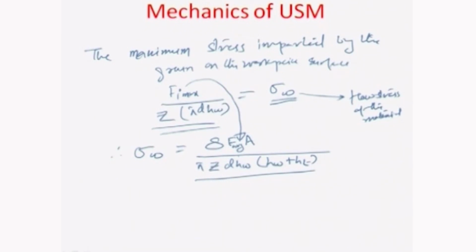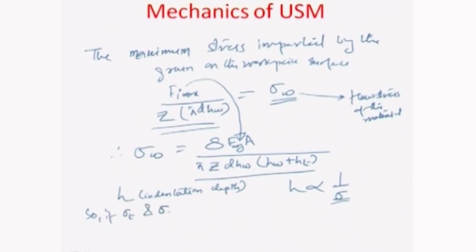And we can always say that if H is the indentation depth, this H can be inversely proportional to the flow stress of the material, meaning thereby that if a material has a higher flow stress, for a certain force level it would have a lower depth of indentation and vice versa.